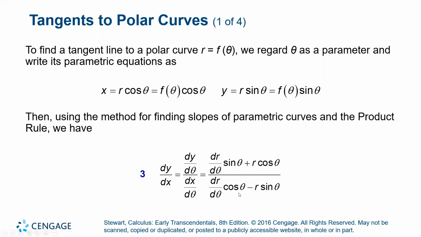And then the bottom is the same idea, only starting with the x equation instead of y. We have the derivative of r times cosine plus r times the derivative of cosine, where the derivative of cosine is negative sine. So this entire equation for dy/dx of a polar curve comes from r cosine theta and r sine theta with the product rule. You don't necessarily need to memorize what you see here on the right if you can remember the derivative of parametric equations and then again the product rule.